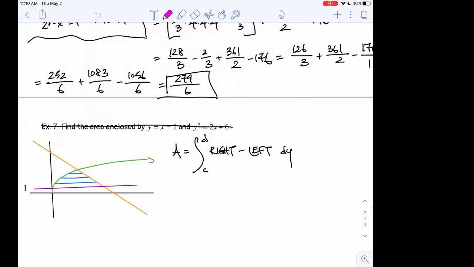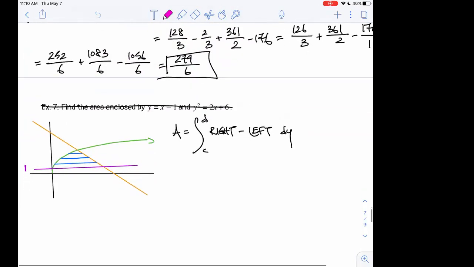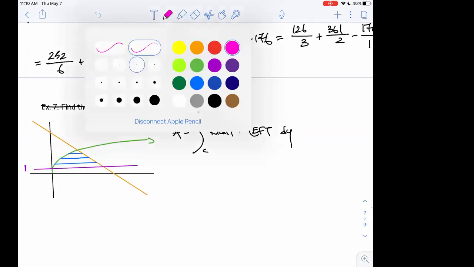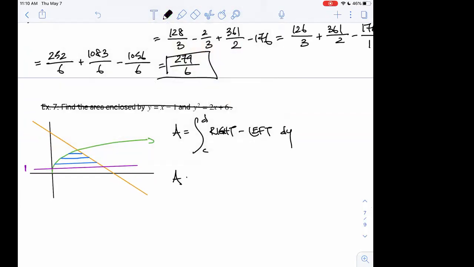So I don't want my equations to have x's in them, but I want them to be a function of y. My C value is where I start counting the area along the y-axis. So that value is 1.